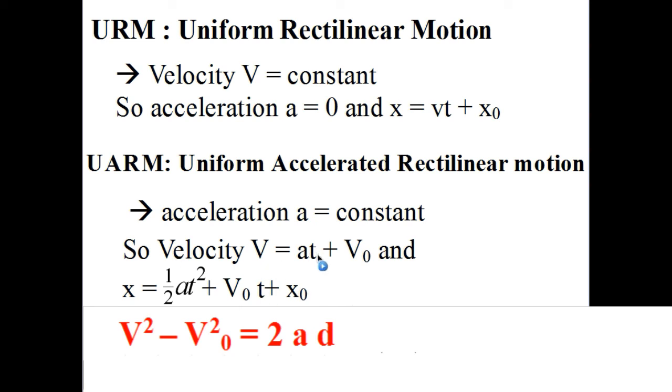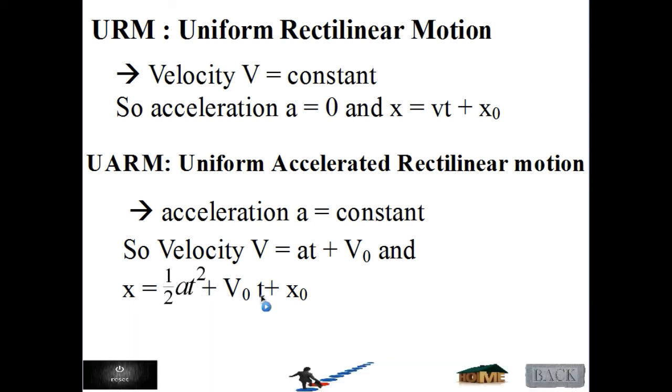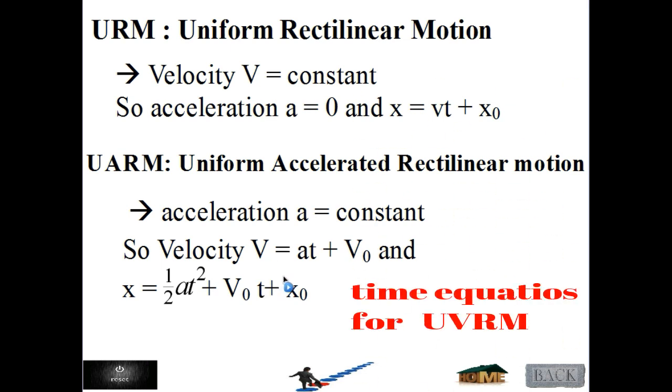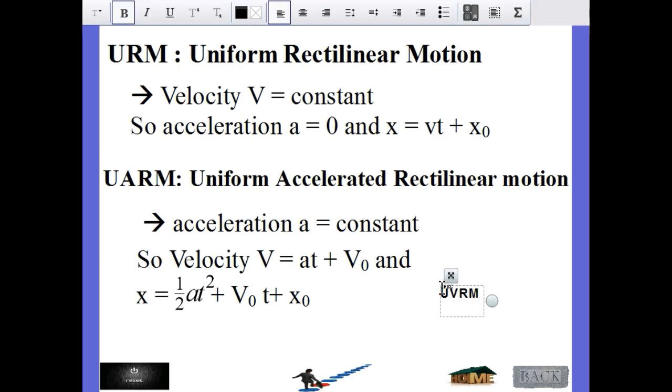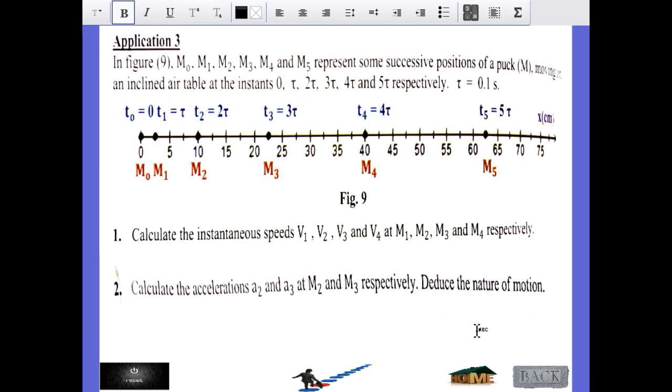Here v equals at plus v0 and x equals half at square plus v0t plus x0. We call these two equations the time equations for uniform varied rectilinear motion. By it I mean uniform accelerated or uniform decelerated rectilinear motion. These formulas are for both, and that's it.